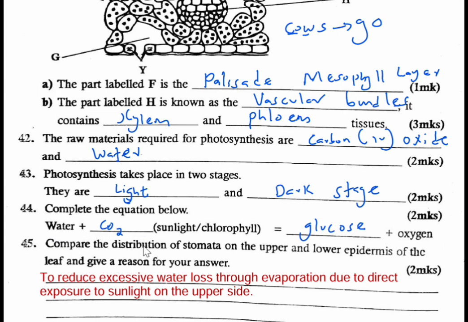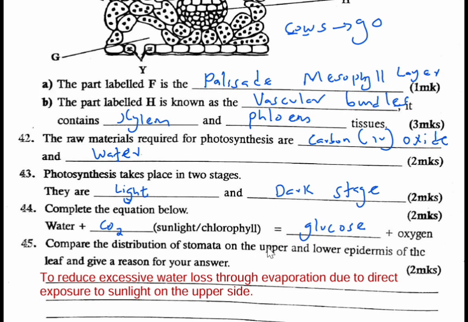Finally, question number 45, compare the distribution of stomata on the upper and lower epidermis of the leaf and give a reason for your answer. So you need to compare and then give a reason. So to compare, you will say the distribution of stomata on the lower epidermis is more than on the upper epidermis.